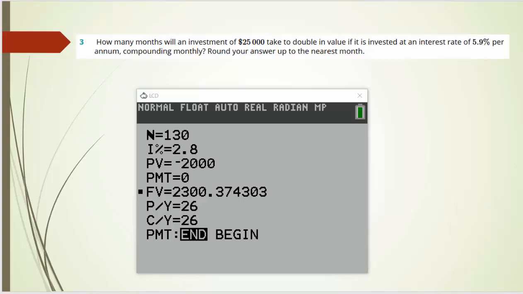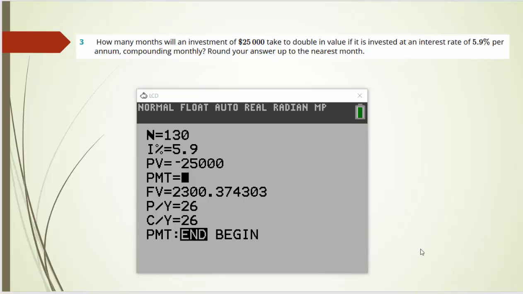We've got 5.9%. Present value of $25,000. It's an investment, so it's out of your pocket into the bank. So it goes in as negative, not minus, negative 25,000. Again, we're still doing no repayments.